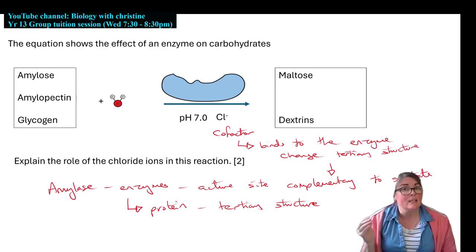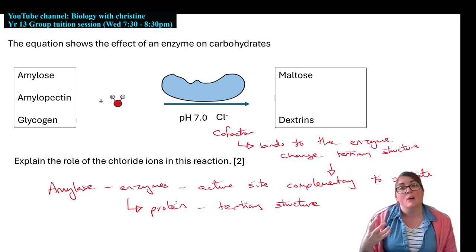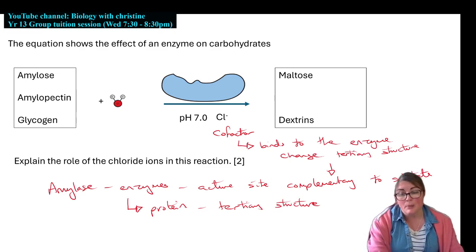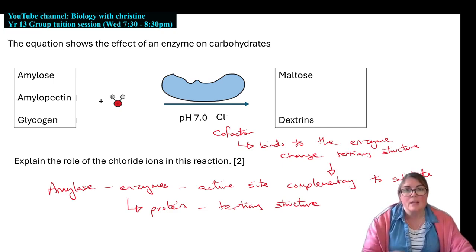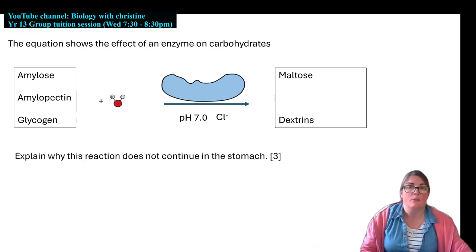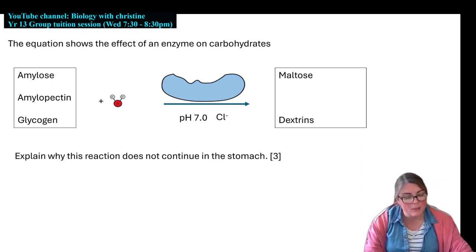The role is that it is this cofactor, and by binding to the enzyme, it changes the tertiary structure, therefore making the active site complementary. So it is important when you're doing these types of questions that you note what they're expecting you to give them as information. So let's carry on and see how else we can apply our knowledge to this question.